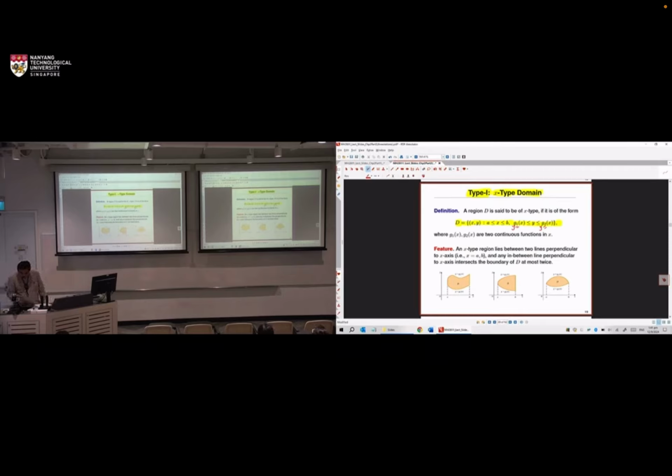Now, geometrically, they look like this. An X-type region lies between two lines perpendicular to the x-axis, and any in-between line perpendicular to the x-axis intersects the boundary of D at most twice.